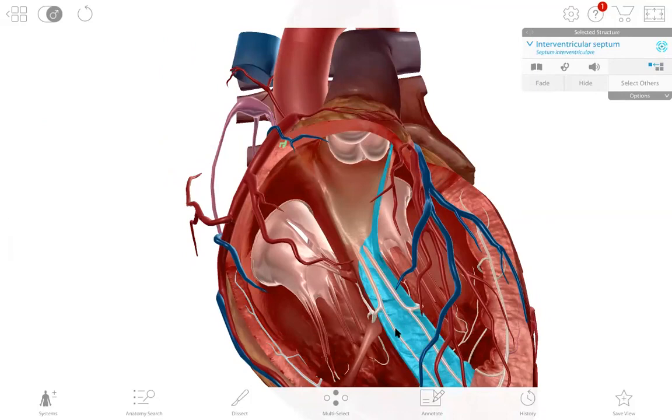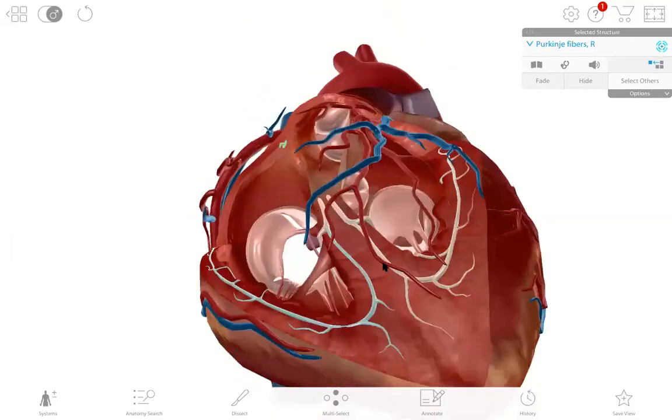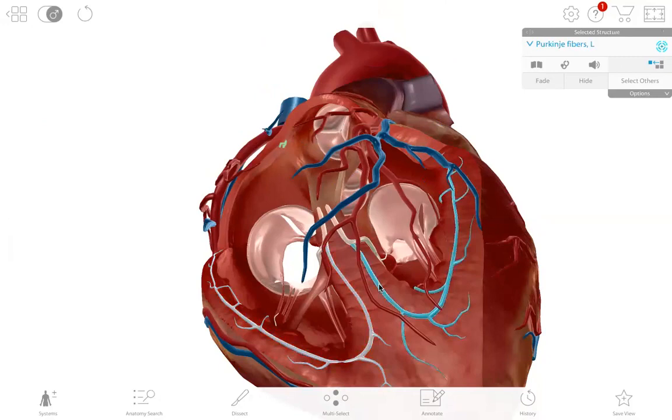If I have a defect in this branch, the right bundle branch, I will have a right bundle branch block. If I have a problem here, it will be called the left bundle branch block, and this will appear in the impulses in the ECG. From the waves in the tracing, one can diagnose whether he has a right bundle branch block or a left bundle branch block.